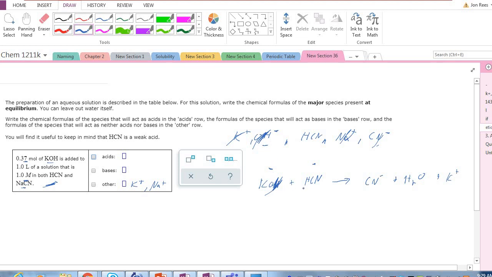And so I'm still going to have some HCN because it's in excess. Okay, so I know that that's a weak acid, so I just go ahead and put that down, HCN. And any bases that I see in here, I do see a CN minus. Okay, that is a weak base. And I think I've accounted for everything.